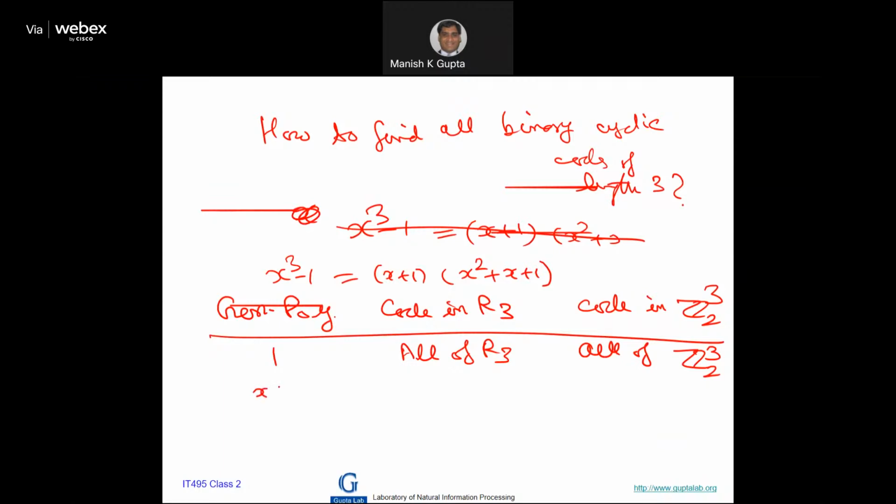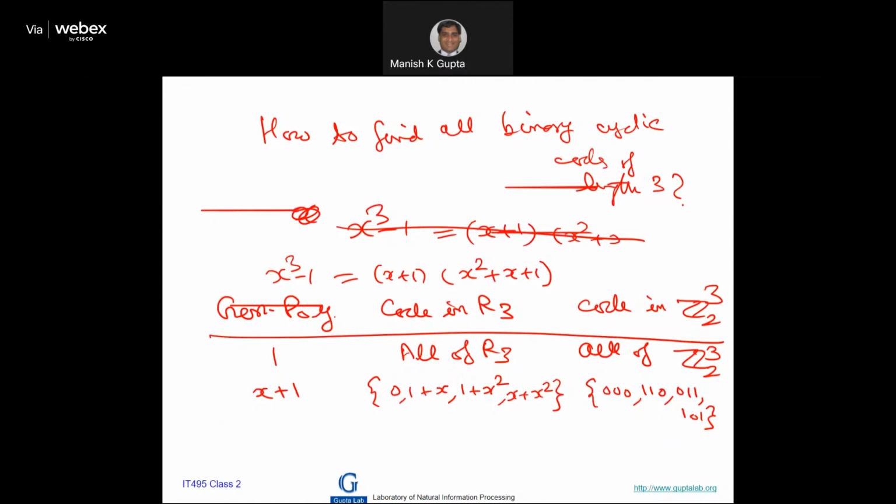When the generator polynomial is x plus 1, we know that the code is 0, 1 plus x square, and x plus x square. You just saw this is an ideal, right? And the corresponding code here is 0, 0, 0, 1, 1, 0, 0, 1, 1, and 1, 0, 1. Right?